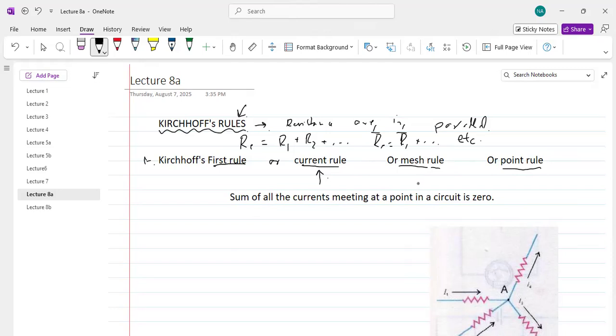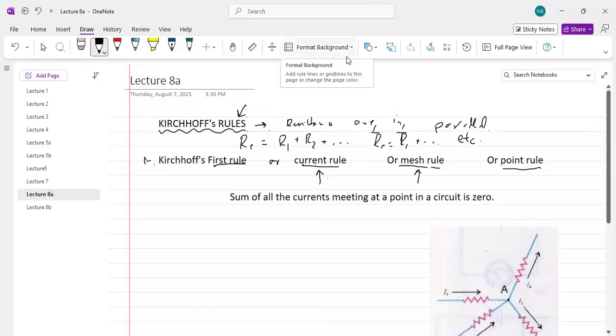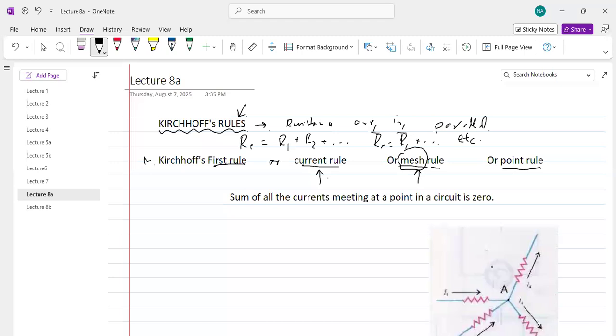The statement about the currents is at a point or at a mesh, meaning a point where two or more branches of the circuit meet is called a mesh, or a point.